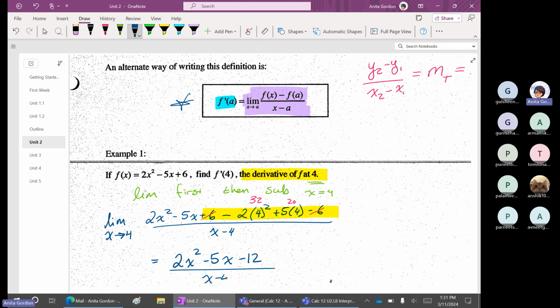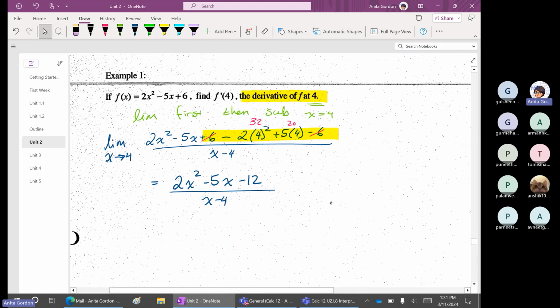Over x minus 4. I have a quadratic in the top, so let's factor that. So two numbers that multiply to negative 24 but add to negative 5. Negative 8, positive 3.